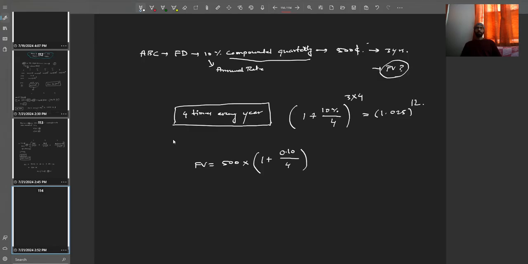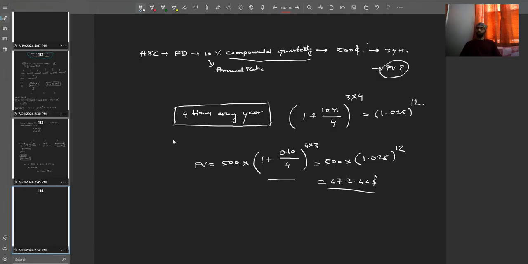This second expression raised to the power of 4 into 3, or 500 multiplied by 1.025 raised to the power of 12. The value is equal to $672.44. This is the final answer, friends.